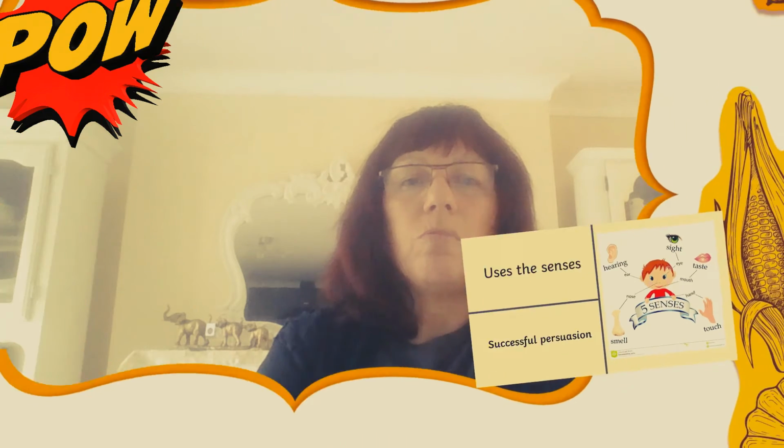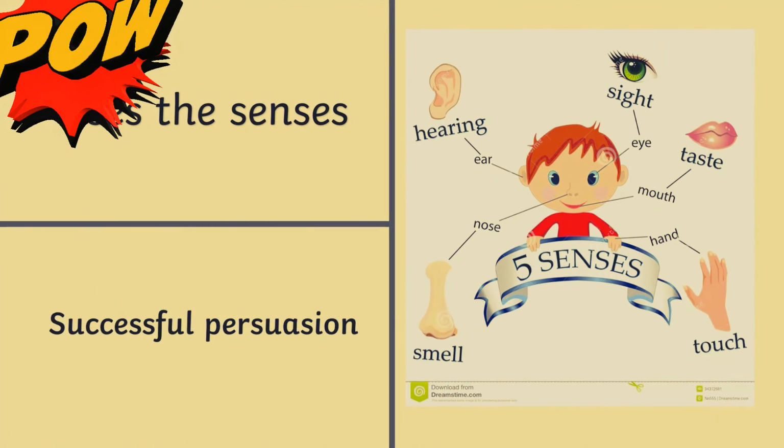When you're looking at reading persuasion, it's thinking about what the writer has used to persuade. One of the most important ways that somebody will persuade is to use the senses. Successful persuasion uses the five senses, and you'll all be very clear about what they are: hearing, sight, taste, touch, smell.